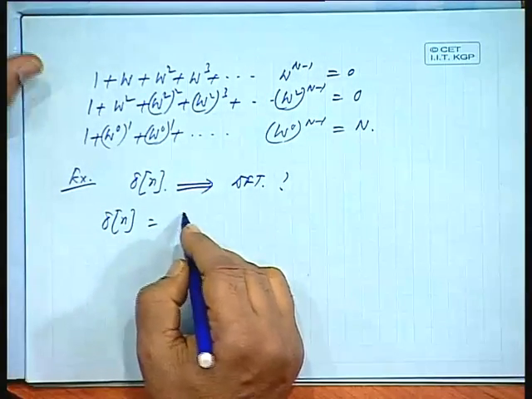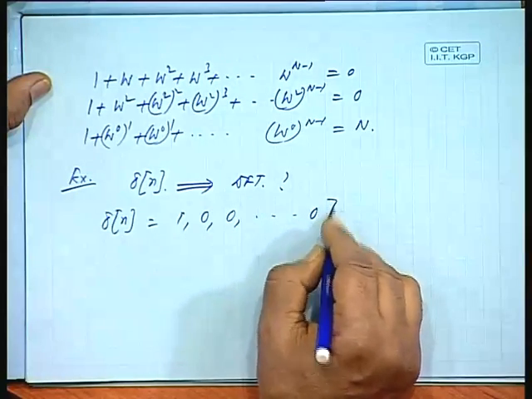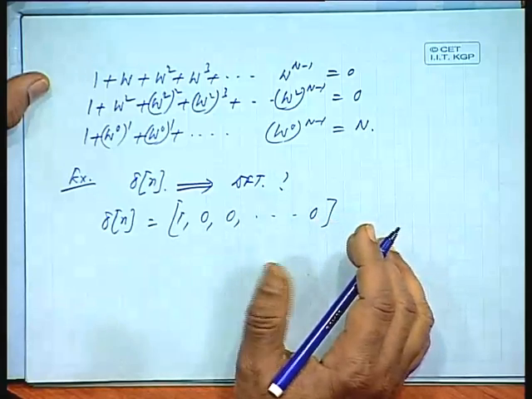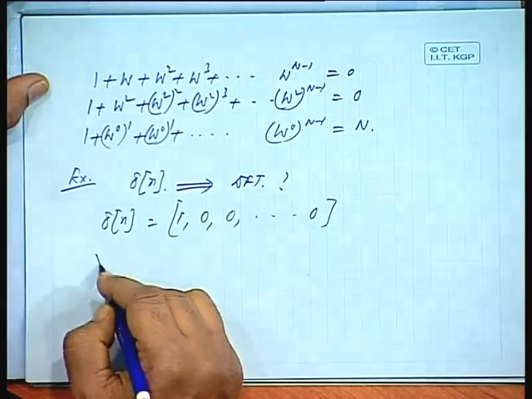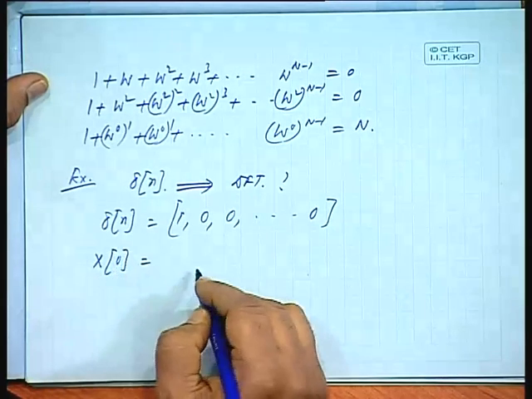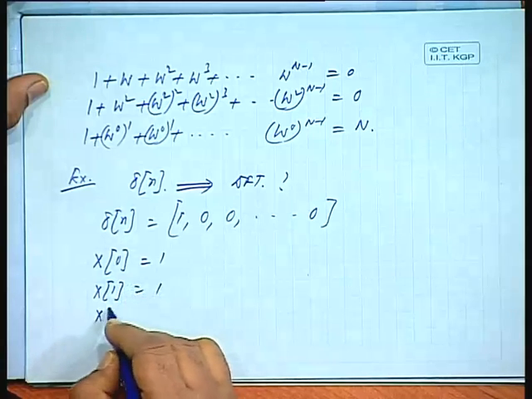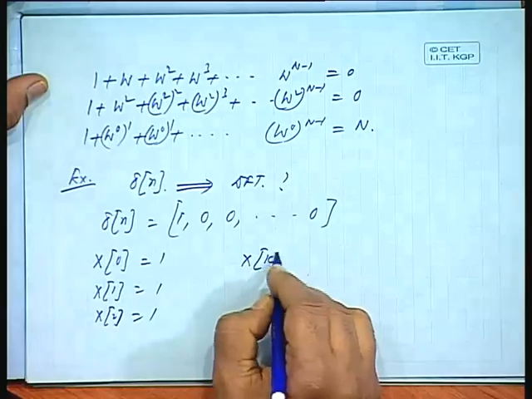Delta n is basically a sequence like, suppose we have an 8-point sequence, we take only 8 points, then 1 0 0 0 0, there are 7 zeros, all right. So, if we have an 8-point DFT, what will be this? Okay, what is x0? 1, x1 1, x2, all will be 1. Okay, so Xk equal to 1.